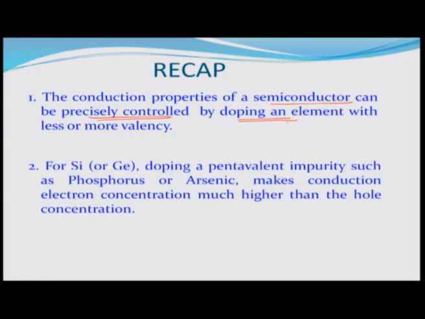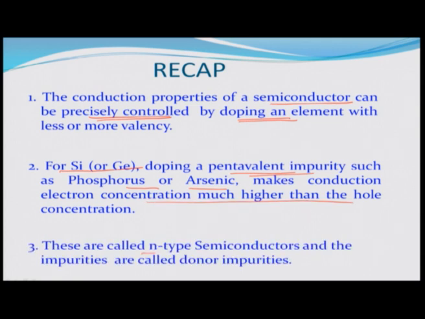Then we talked about how and what elements we dope. If you are talking of silicon or germanium, this is our model semiconductor that I am using for giving all this physics of it. You have varieties of semiconductors. So, in silicon or germanium, if you dope a pentavalent impurity such as phosphorus or arsenic, that will make it N type, negative type, and that makes conduction electron concentration much higher than the hole concentration.